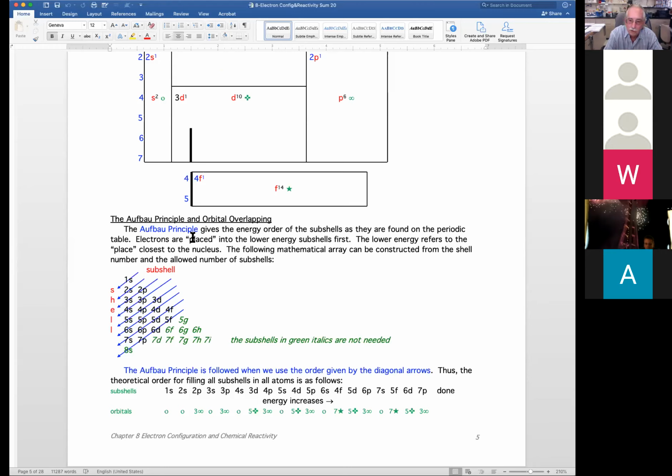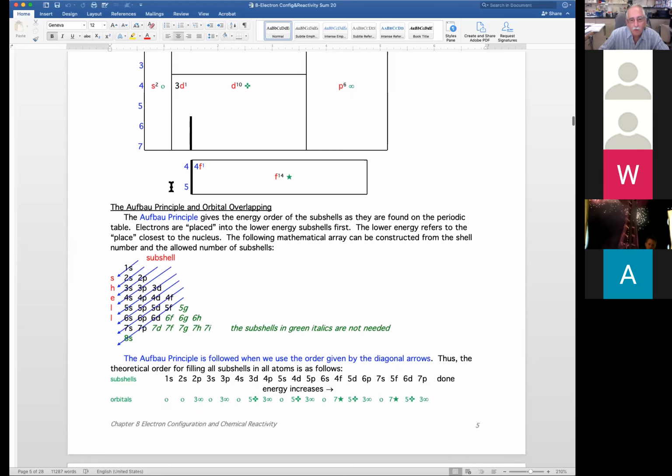They would go in the lowest energy orbital first, closest to the nucleus. So Aufbau means the building up principle. And so here's how we get the same order that's on the periodic table, because what we're trying to do is understand how the periodic table works.